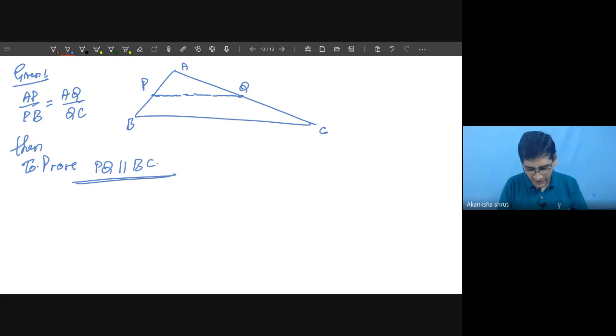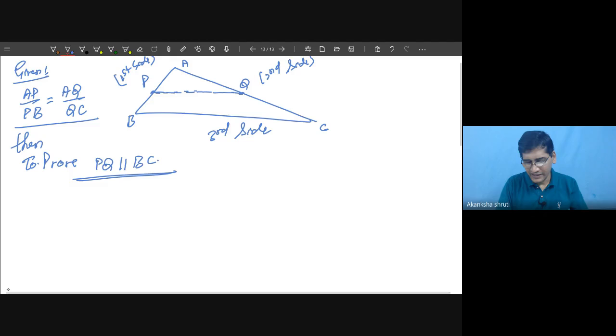So just you have to keep in mind, if the ratio is given, it means the line joining this PQ will be parallel to the third side. This was our first side, the two sides that we have considered. This is our second side, for which the first two sides the ratio is considered, and this is our third side.